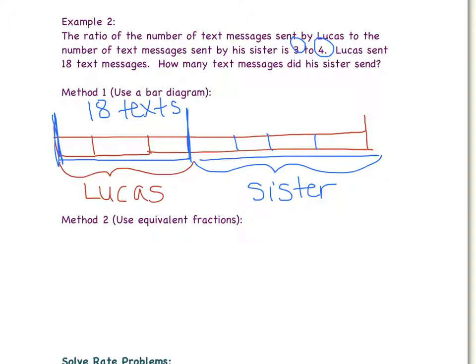So we're going to divide 3 into 18. Hopefully you all know that 3 goes into 18 6 times. So that means that each of these boxes should be equal to 6.